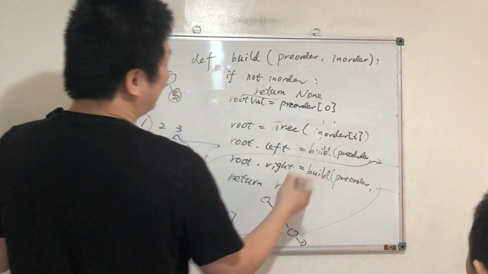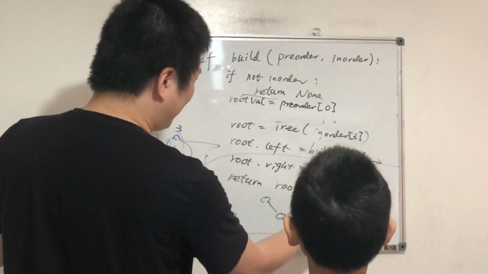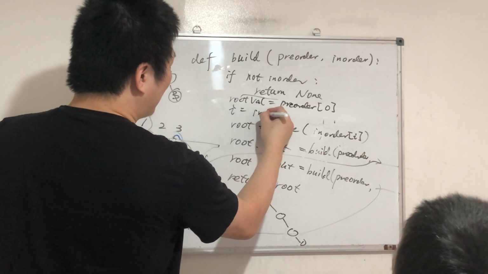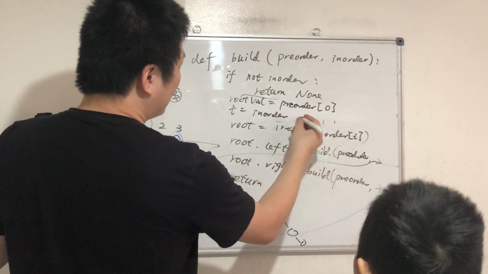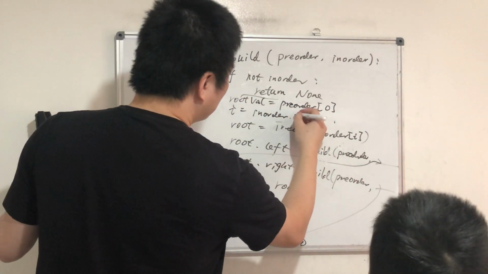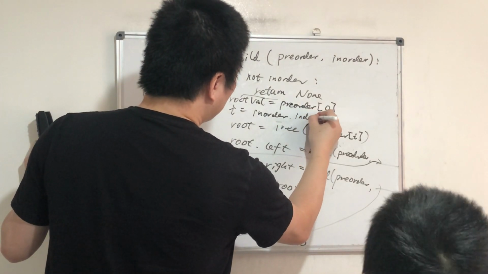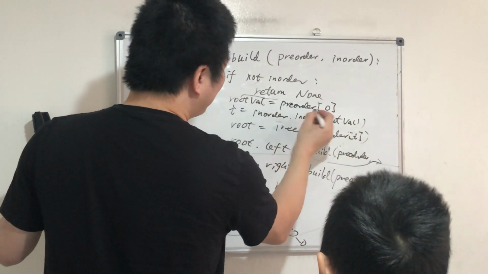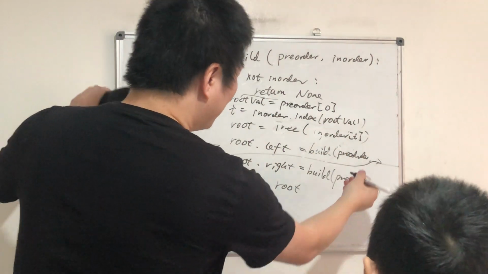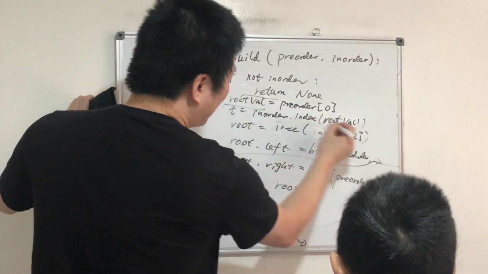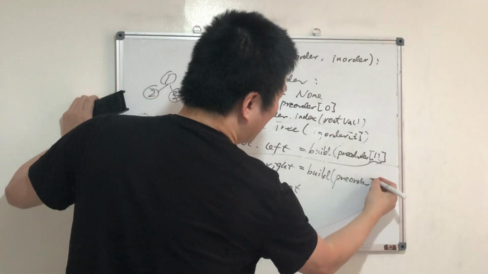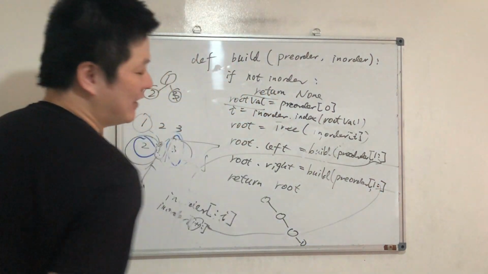We got the root value, and then I will be inorder.index(root value). This is the same, but we need to get rid of the first one. So we can do this: preorder[1:].